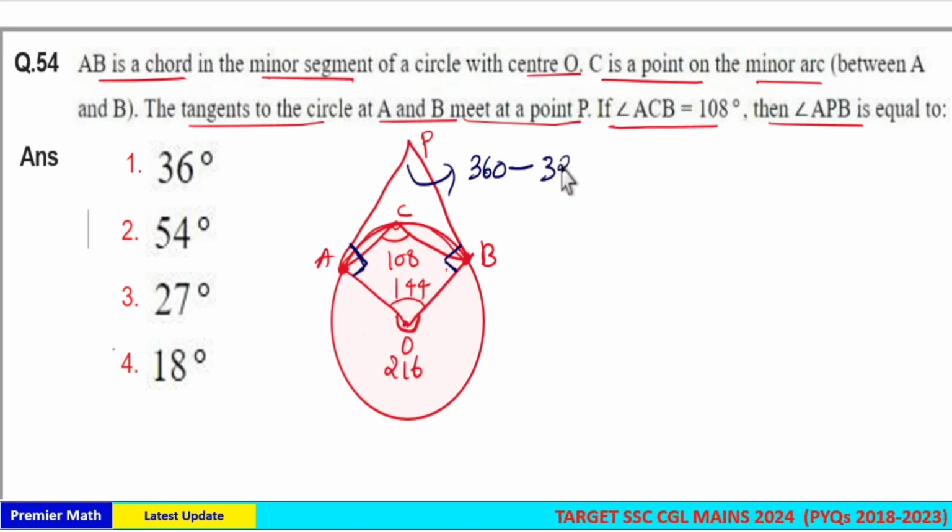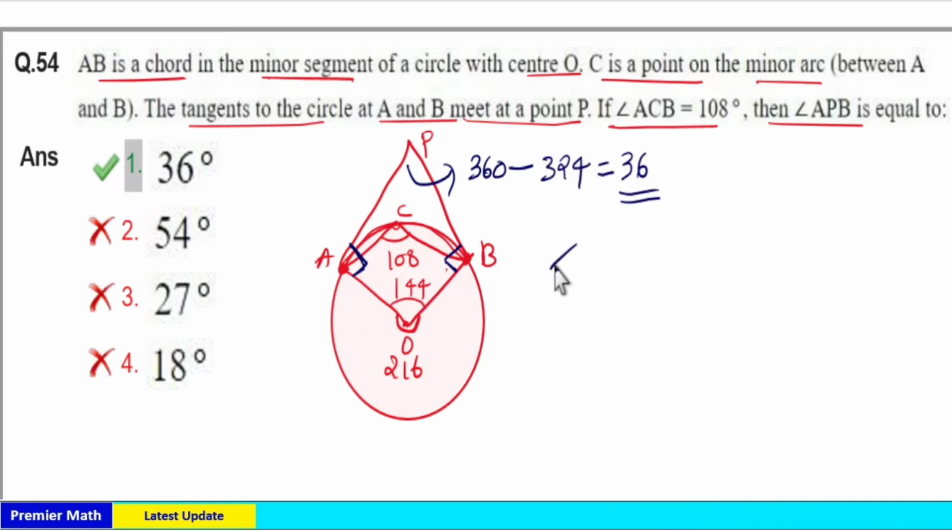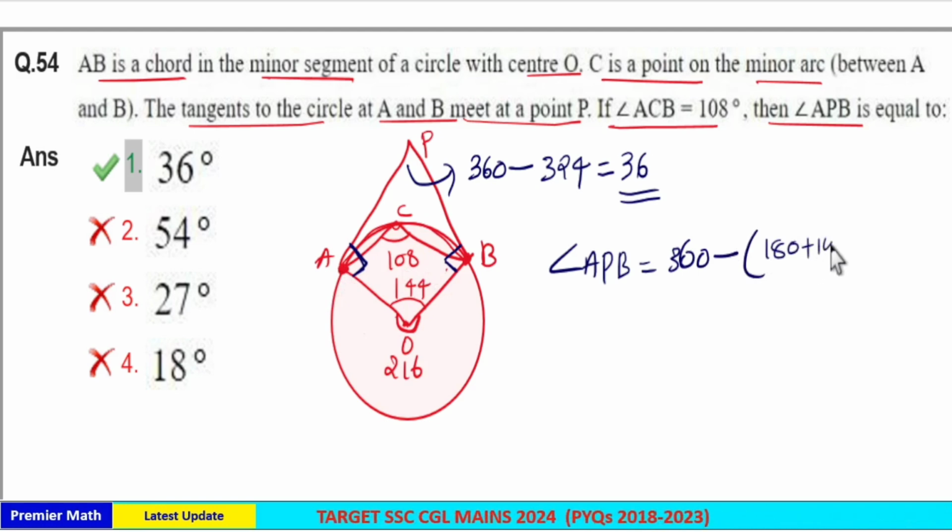So 360 minus 324 is equal to 36. So option 1 is your answer. That is, angle APB is equal to 360 minus 180 plus 144, which is 36 degree.